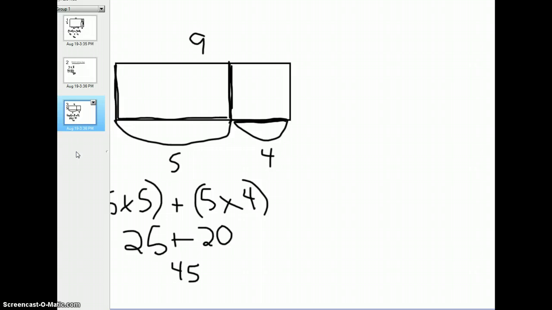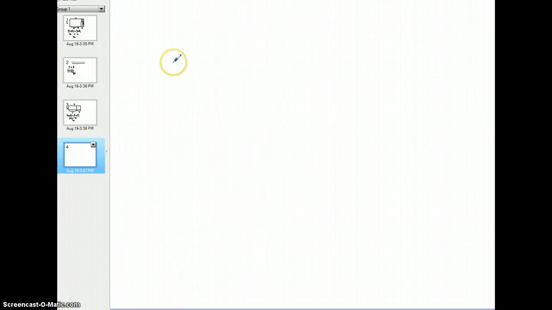Ladies and gentlemen, one of the reteaching side problems needs to have an array where you rewrote it as a number sentence. For example, let's say the problem is 7 times 5. I want you to, somewhere on that paper, show me that you broke apart the 7 into 2 and 5.